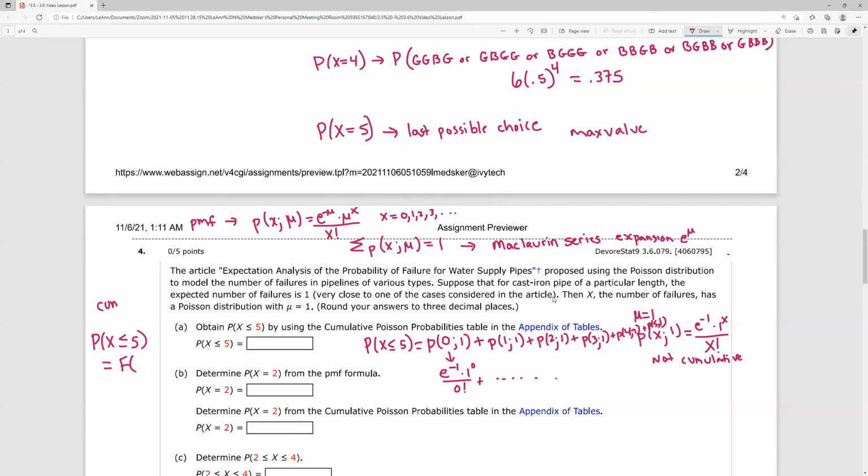So cumulative, where we have our x followed by our mu. Whatever you put in here for x, when you look this up at the table, it's going to tell you everything from 0 up to that value. It's going to give you all those accumulated probabilities in that one number. And then this would be at a 1. Now I'm going to pull the table up and share it because this one's a little funky to read.